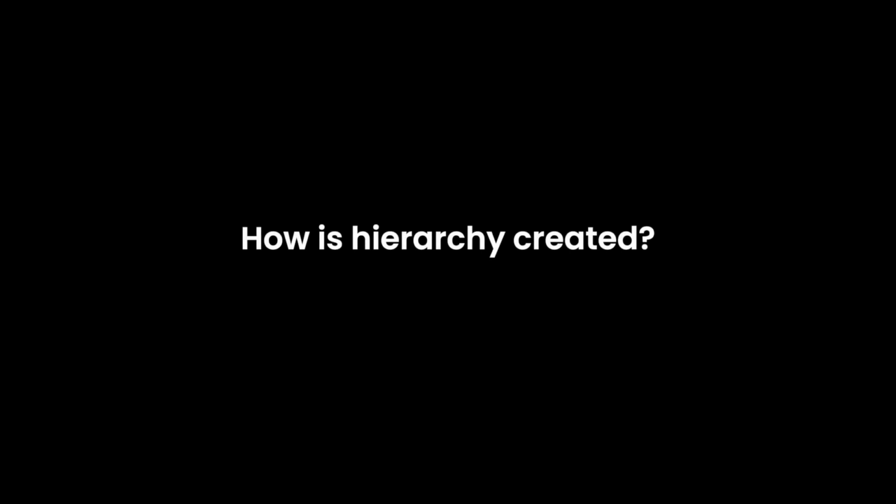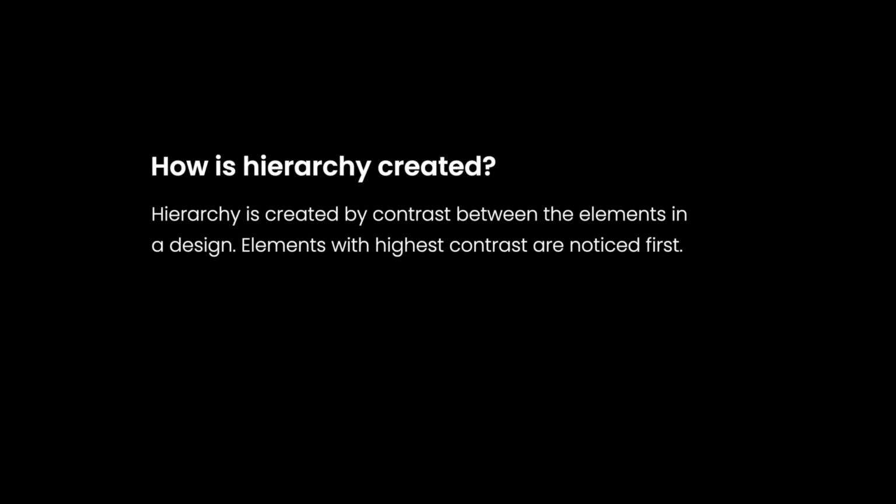So hierarchy is needed for users to easily navigate and consume information on your designs. Now the next question is, how is hierarchy created? We know what hierarchy is and why it is needed, but how can you create it in your designs? Hierarchy is created by contrast between elements in a design, and elements with the highest contrast are noticed first.